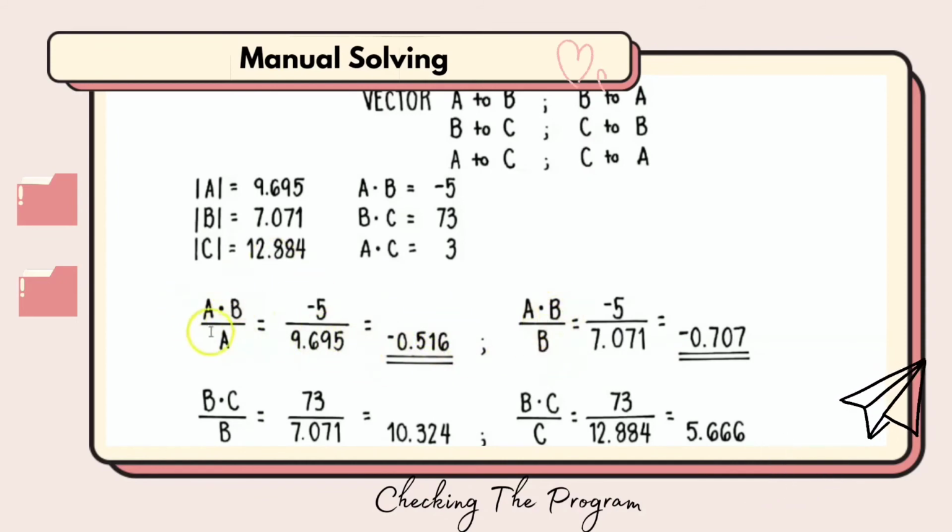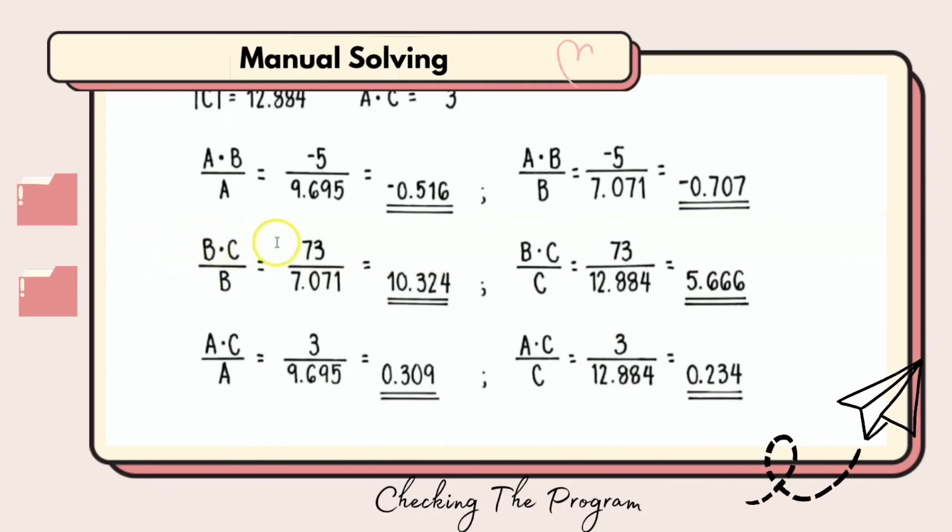Since we are going to get the vice versa of what we solved, we just replace the divisor, from the magnitude of vector A to the magnitude of vector B. In that way, we can get the vice versa of the orthogonal component of vector A. Same process: substitute the givens into the formula and solve, and you'll get negative 0.707.